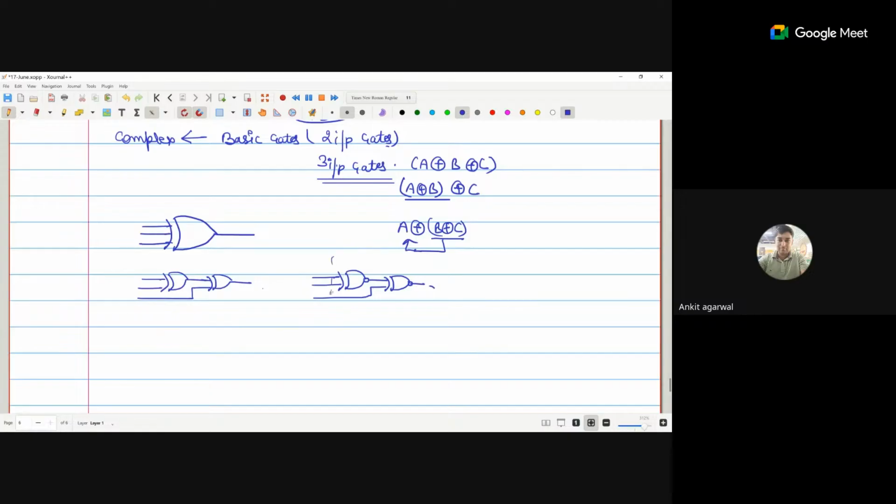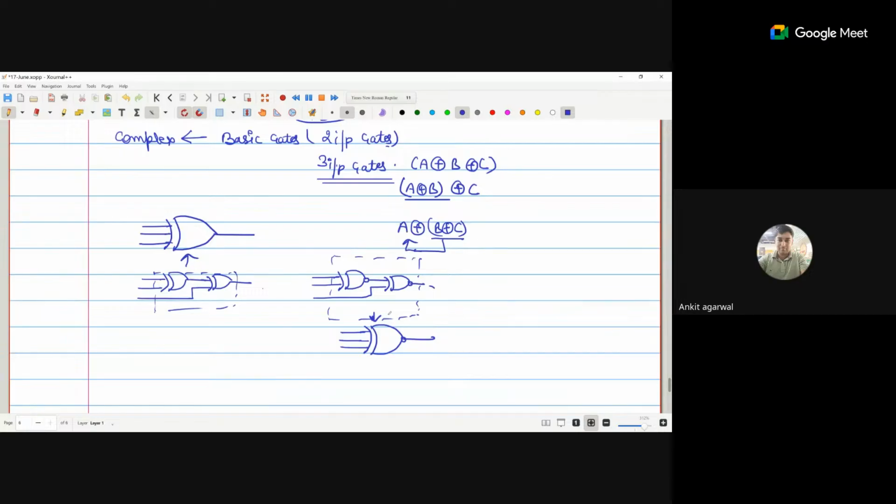And we can directly represent this as a 3 input XOR gate. That is the only representation way.